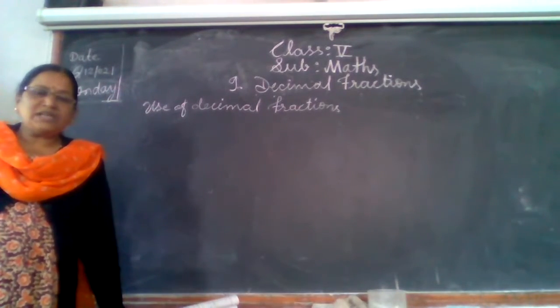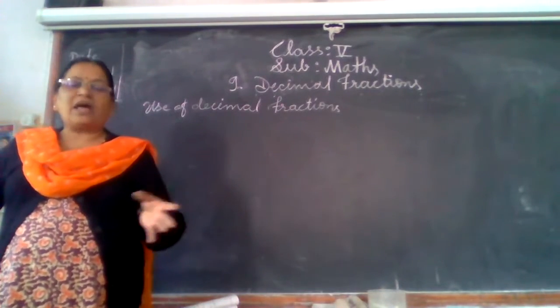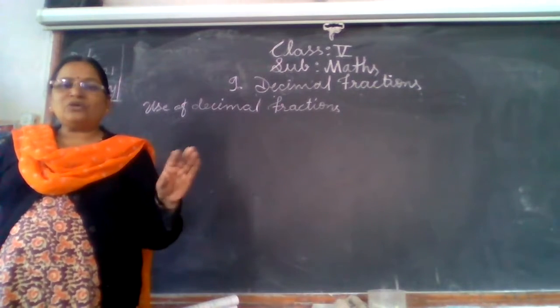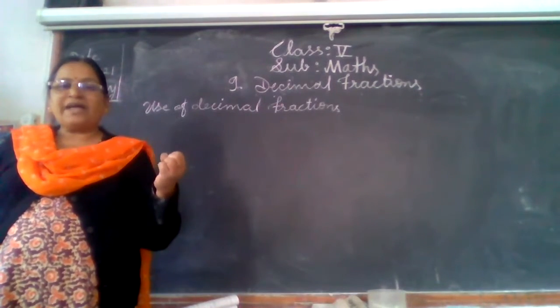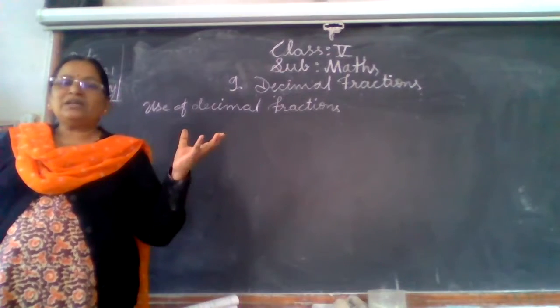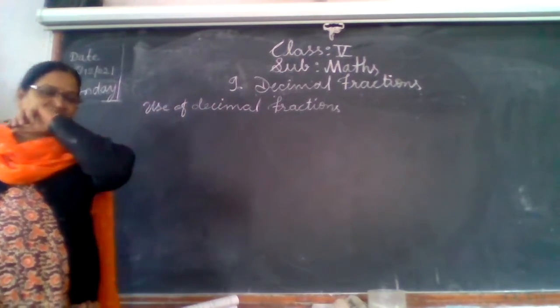Or the weight of anything, kg and grams, both units are there. So that number we can write using decimal fractions. So in this way, you can use the decimal fractions in our daily life.